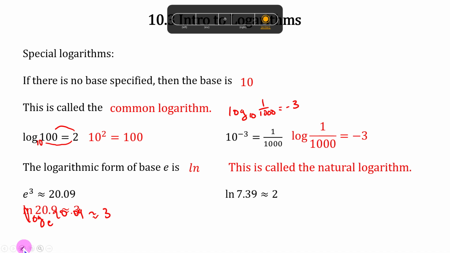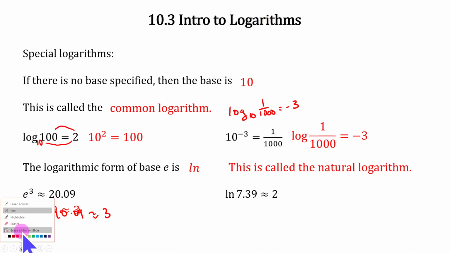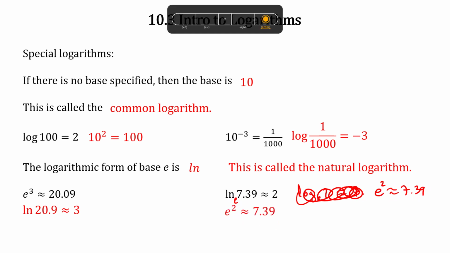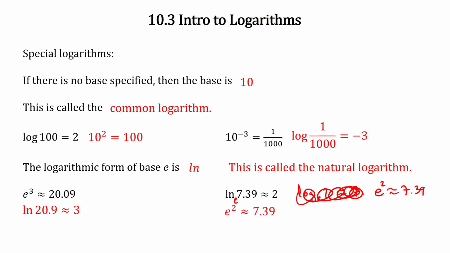We write ln. So e to the 2 is approximately 7.39. There's no e written there. It's just so common, we don't need it. And so there you go.